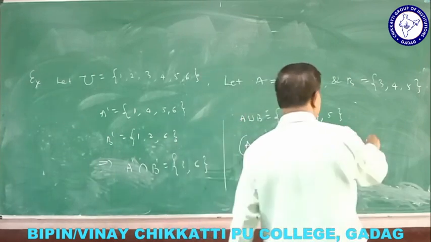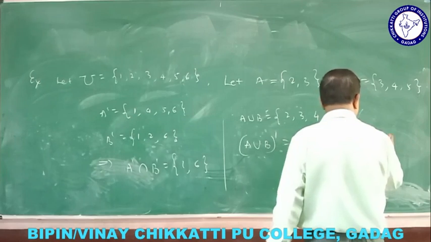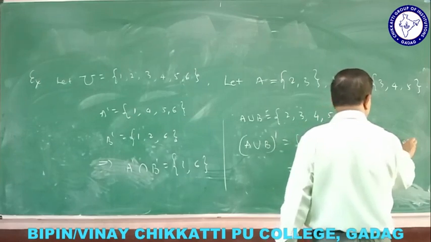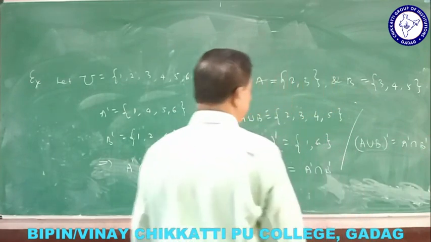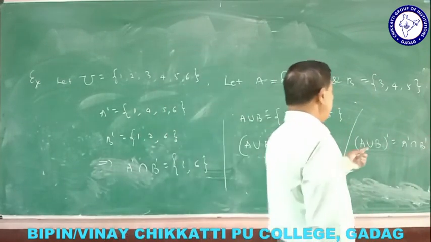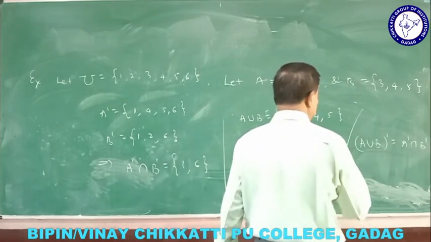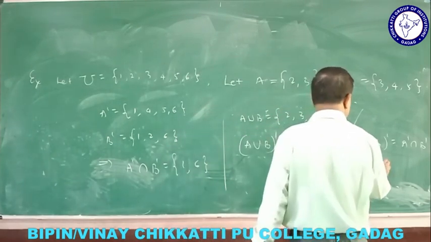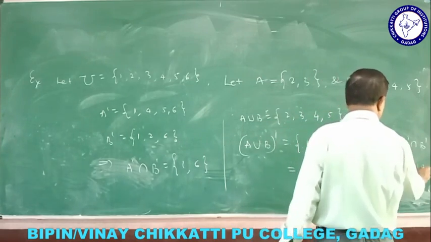So what we have proved here is that A union B dash is equal to A dash intersection B dash. Once again, dash means complementation. And similarly you can prove that A intersection B dash is equal to A dash union B dash.